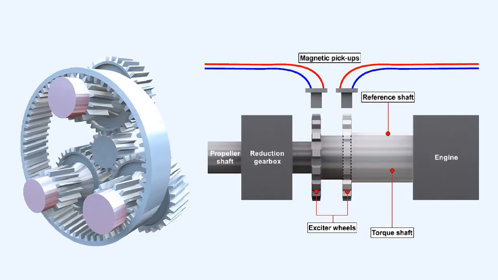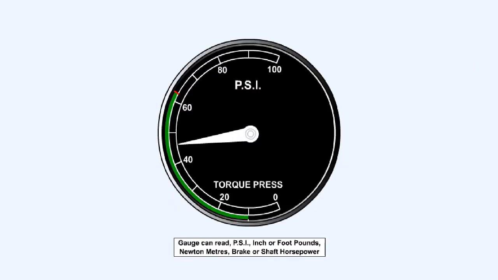There are two main methods employed in measuring the torque of the engine. One uses oil pressure, and the second is an electronic device. The units of measurement vary between systems. The indicator gauges may be calibrated to read pounds per square inch, inch or foot pounds, Newton meters, brake or shaft horsepower.